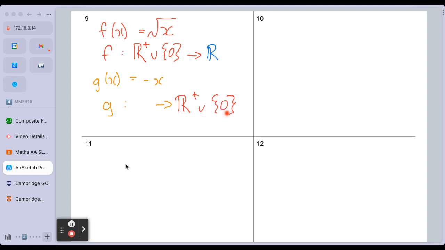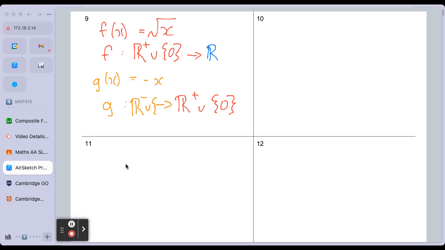If these two match up, then we can look at the composite function. Okay, so then we can work backwards and say what domain for g will give me a set of real numbers plus 0. You work it out, you have a look at the graph if you need to, and you end up with the only way to get that is if we start with a negative number.